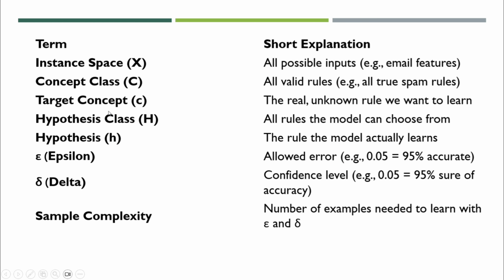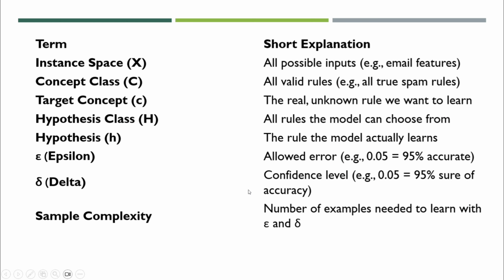And the target concept, small c, the real unknown rule we want to learn, or what counts as spam. Then the hypothesis class, capital H, all the rules the model can choose from. And the hypothesis, small h, the rule the model actually learns, which we saw in the example, x1 or x2.